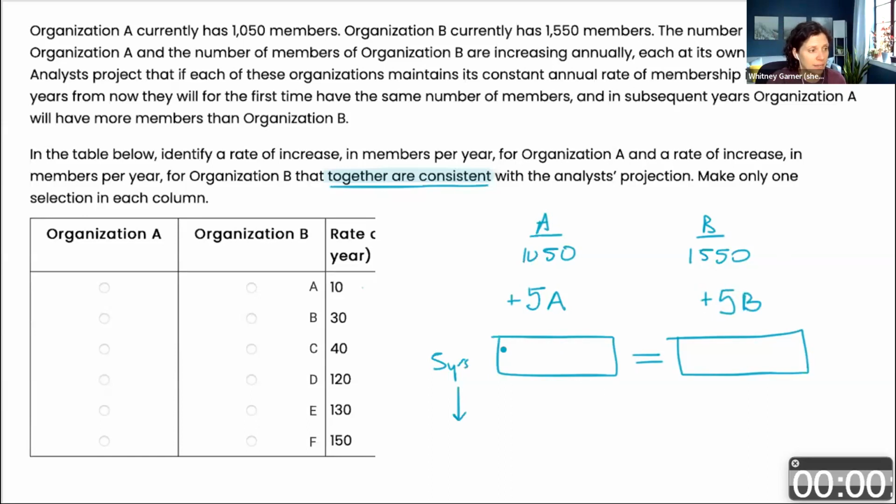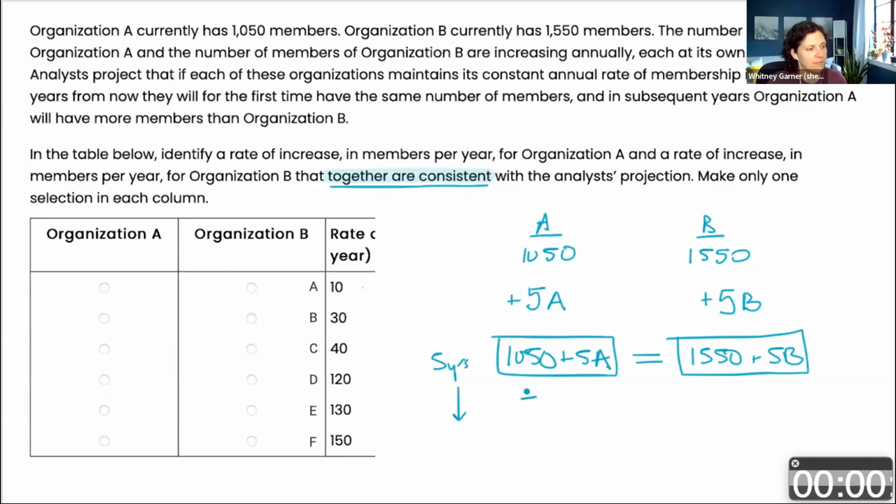And so one way we could think of this problem is 1050 plus 5A has to equal 1550 plus 5B. And we can start to simplify. Now, here's another cool thing about our data section is that we get a calculator. So we can use a calculator for a lot of this, but let's do a little subtracting. I'm going to get my variables on one side, and I'm going to get my whole numbers on the other.